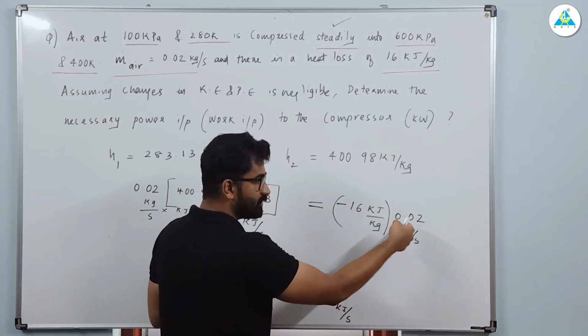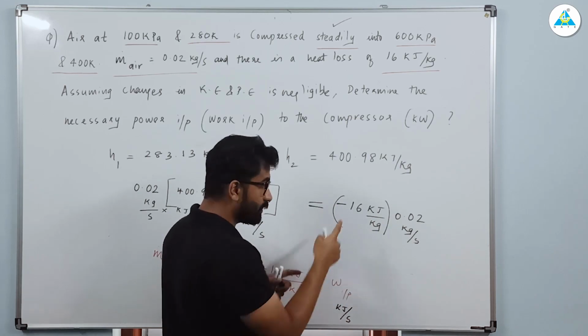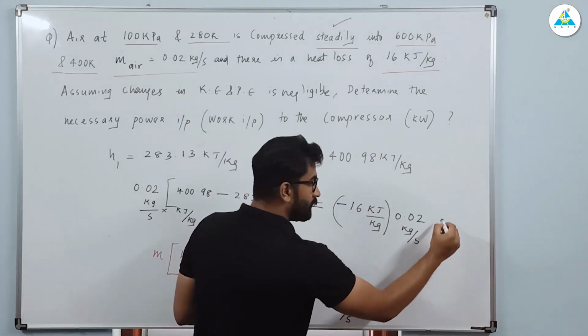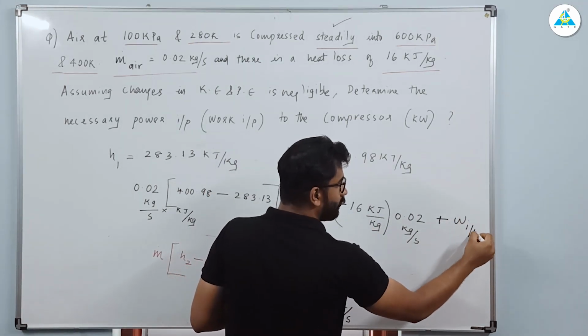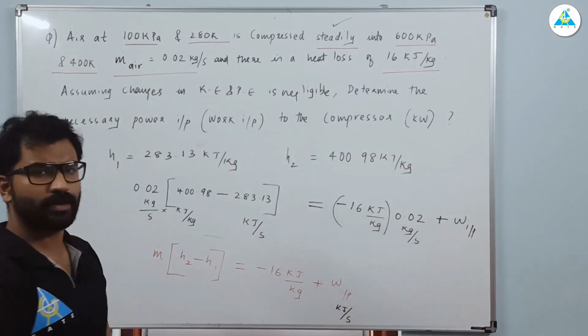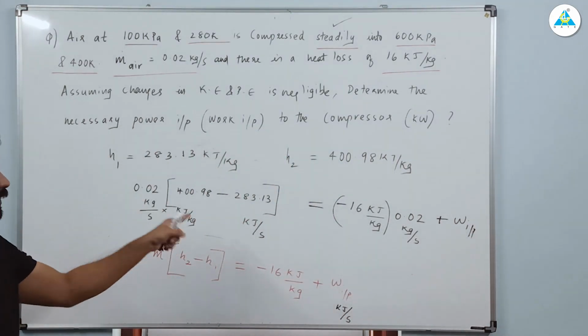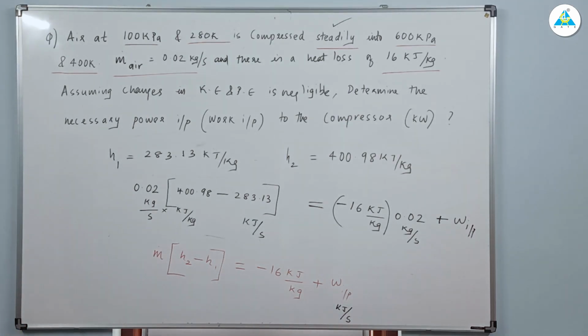So kg cancels out, so this will also come in kilojoule per second plus work input. Now calculate, right? 0.02 into this and find the work input and tell me the answer. What will be the answer in kilojoule per second? Clear?